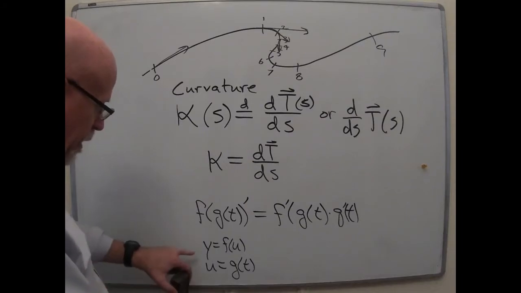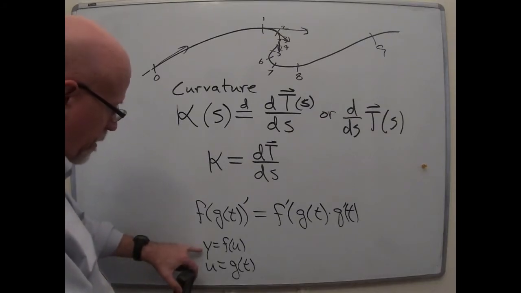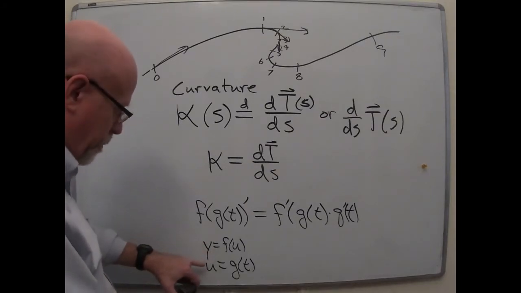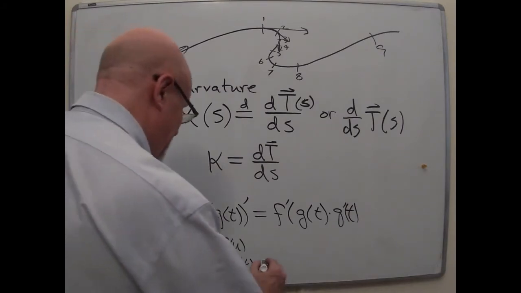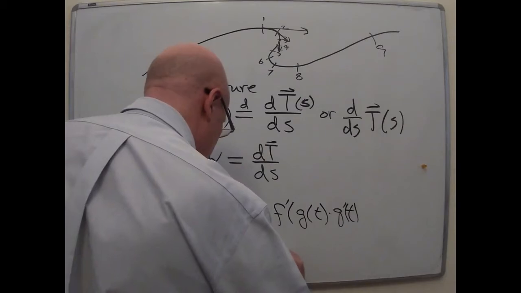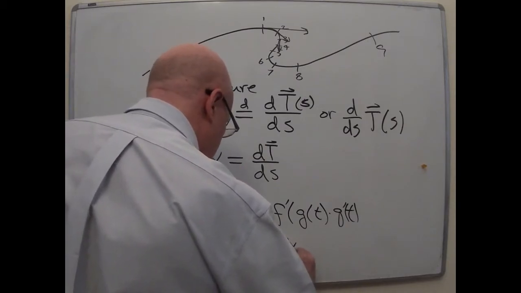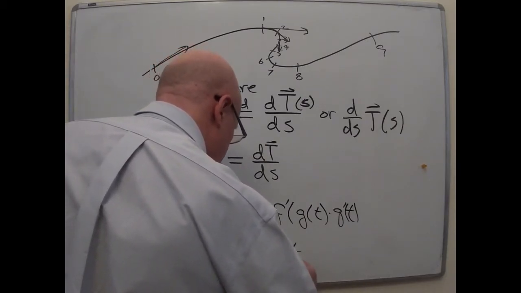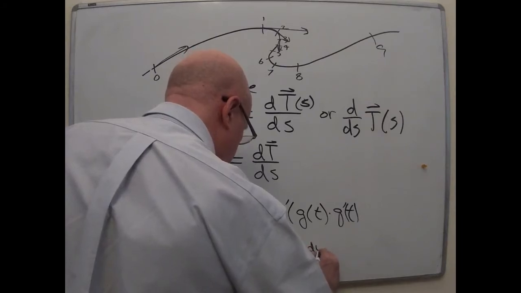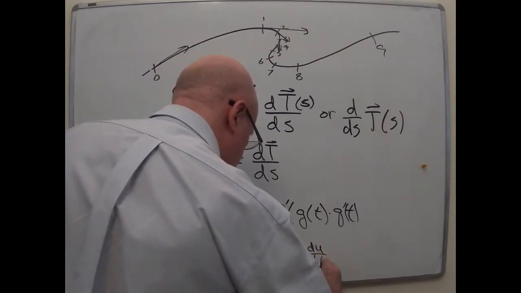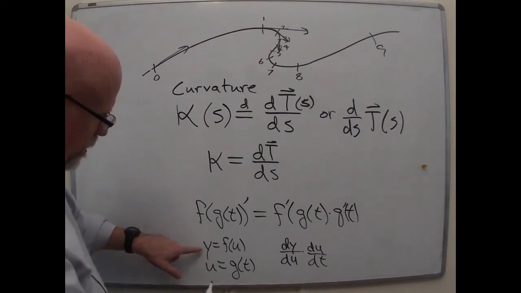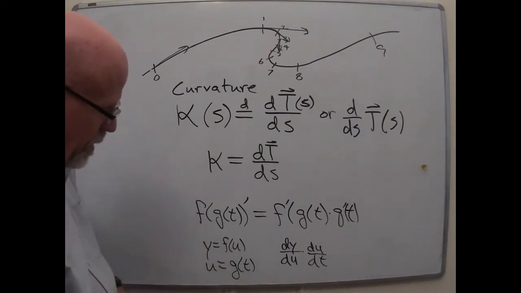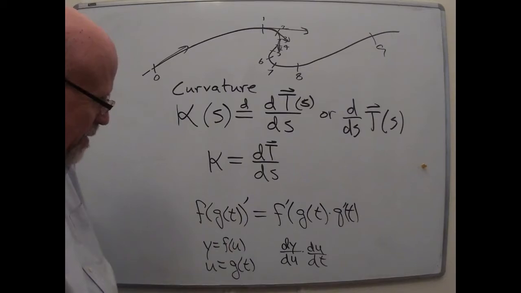And so what I'm really looking for is the composition to get that y of u of t, right? So the derivative of that composition is just dy/du times du/dt. Because the Leibniz notation just deals with the variables involved rather than the names of the functions. And that just looks cleaner.